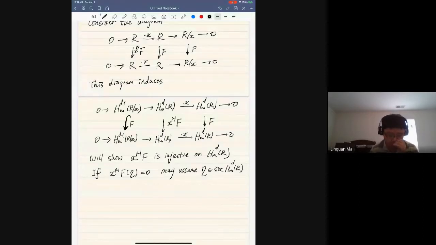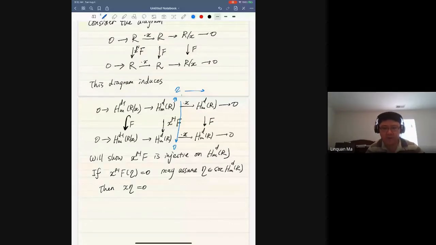If eta is in the kernel, then all the multiples of eta are also in the kernel, and I can always replace eta by a multiple which is in the socle of the local cohomology. So I can always assume that. But if eta is in the socle, then x times eta equals 0. Let me pick eta inside here, since I'm assuming this maps to 0.